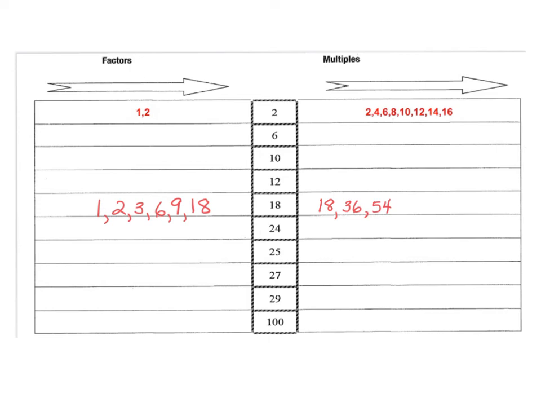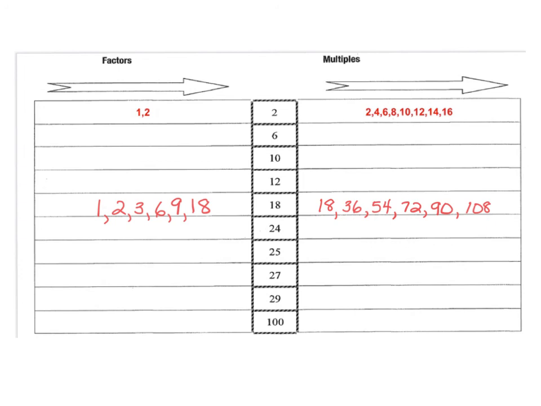I did 18 times 1 is 18, 18 times 2 is 36, 18 times 3 is 54, 18 times 4 is 72, 18 times 5 is 90, and I'll go one more. 18 times 6 is 108. So those are on the left, the factors of 18, what we use to create 18. And then on the right, the multiples of 18, what we use 18 to create by multiplying it.